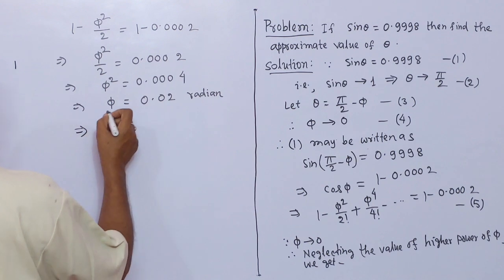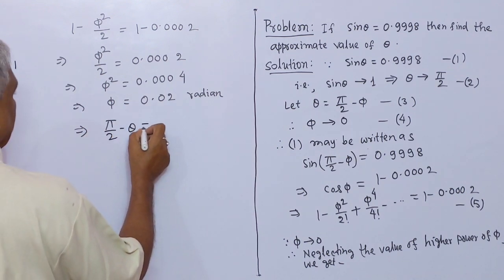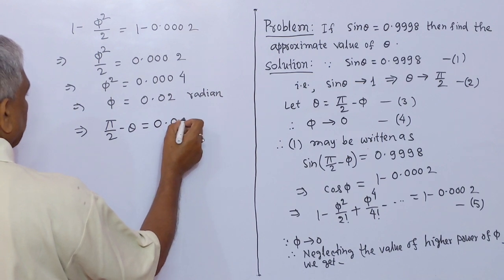This implies that phi, which is pi by 2 minus theta, equals 0.02 radian.